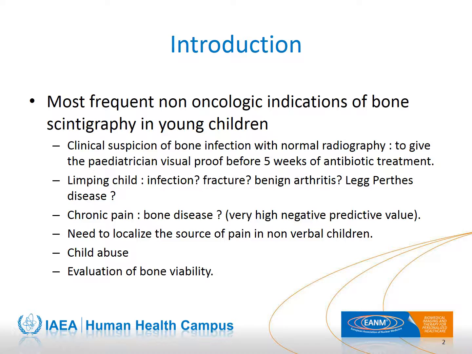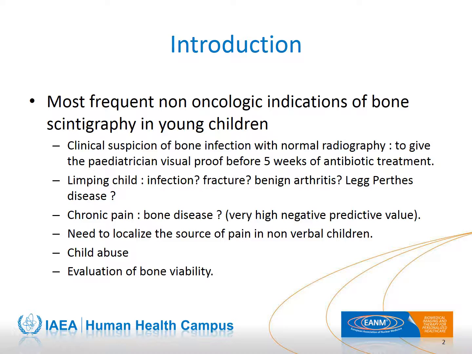When a child is limping, the bone scan may also reveal a fracture or benign arthritis or Legg-Perthes disease. Chronic pain in the legs or back is frequent and may simply be related to growth, but it's important to eliminate a bone disease.